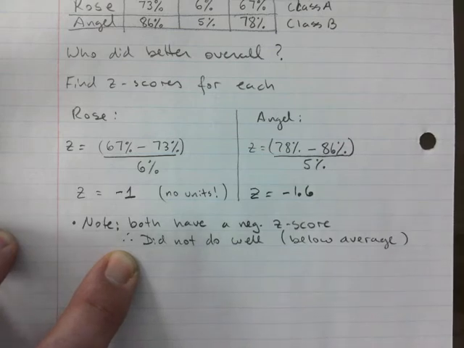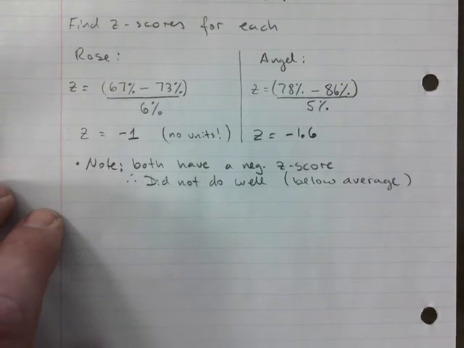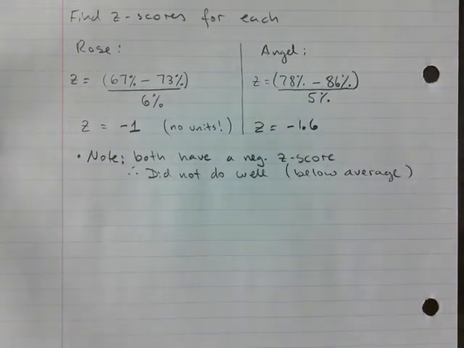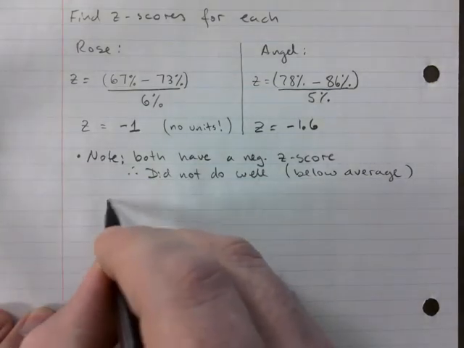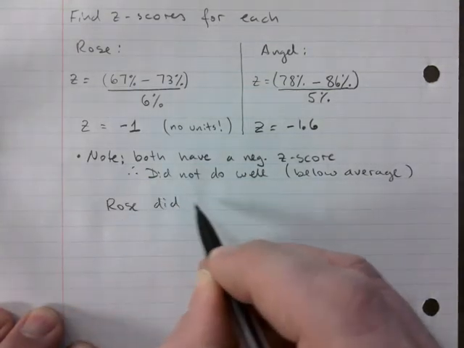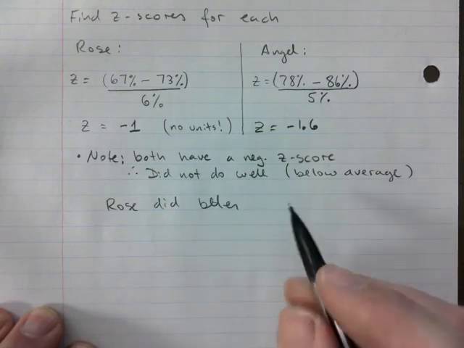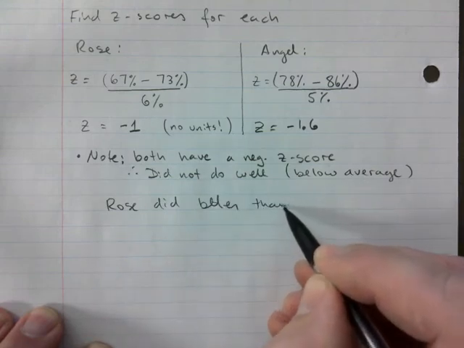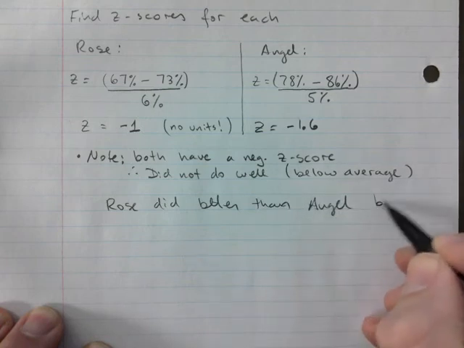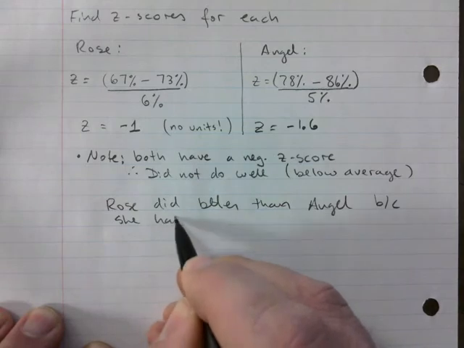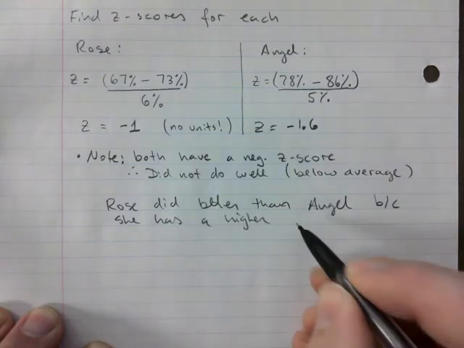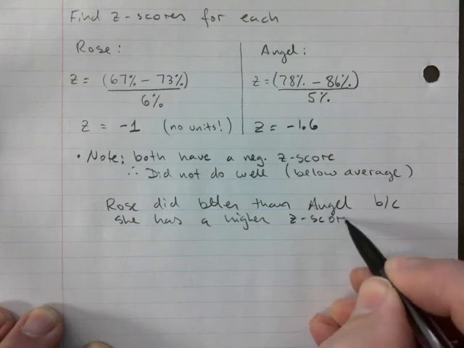Okay, but who did better between the two? Rose, right? Rose isn't as far from the mean as Angel is. If you're negative 1.6 versus minus 1, Rose did better than Angel because she has a higher z-score, a greater z-score.